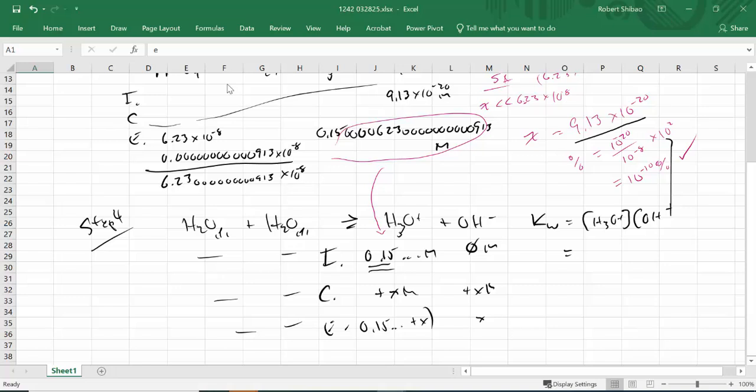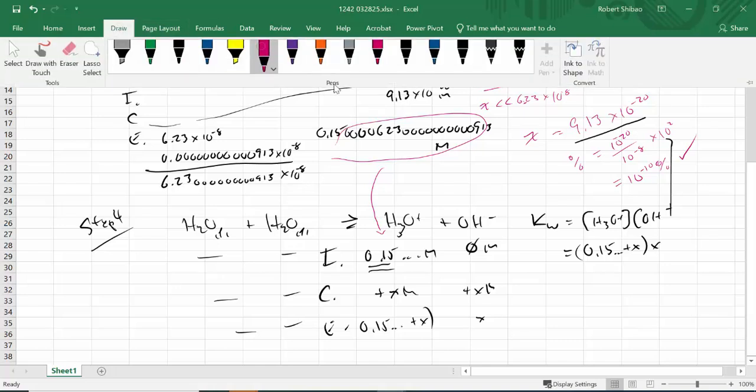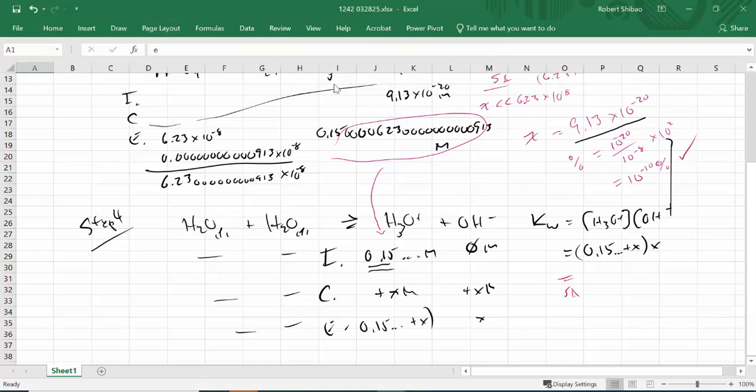I expect the simplifying assumption to work quite well. And then we're going to go ahead and apply the simplifying assumption here, SA. And that's just going to go 0.15 dot dot dot times X, and then solve for X.